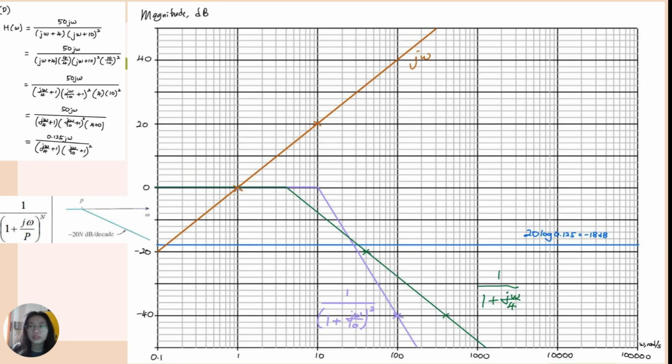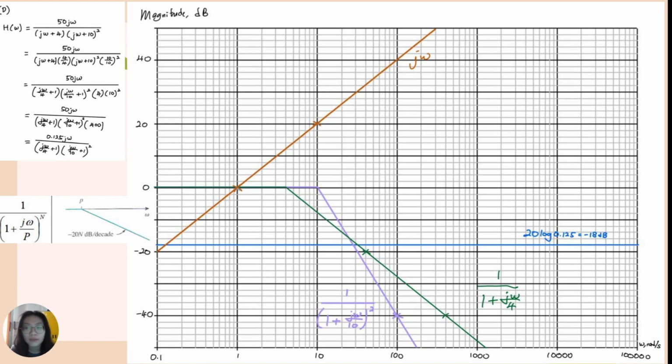The fourth factor we draw is a simple pole, which is 1 over (1 + jω/4) to the power of 1. We draw a straight line from 0.1 radian per second to 4 radian per second at 0 dB.